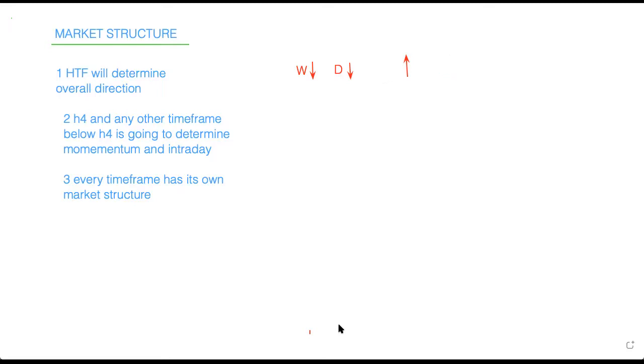Right. I think I managed to remove it. So this is what we want to achieve, guys.